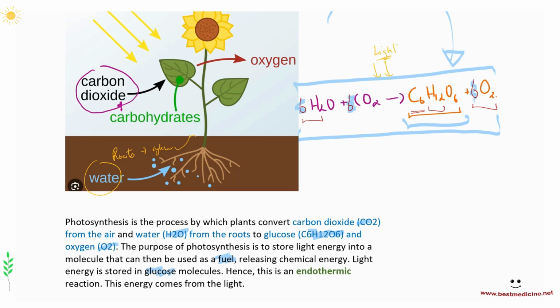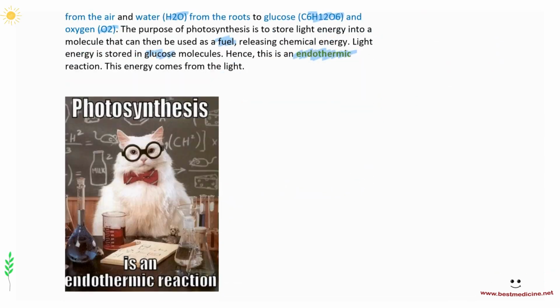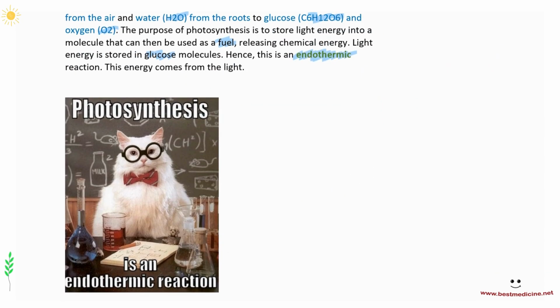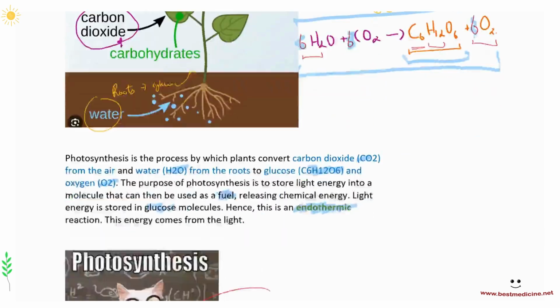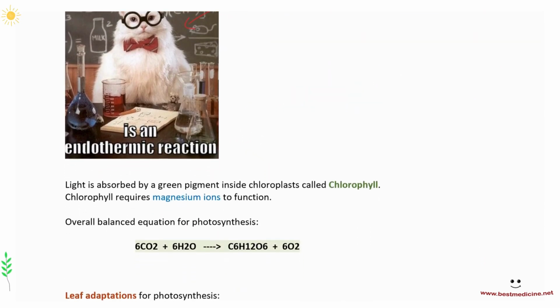What do you think? Of course, it is an endothermic reaction, right? Endothermic reaction because we're taking in the energy. So photosynthesis is an endothermic reaction. We have Mr. Chemistry Cat here trying to tell us this, because remember, exothermic and endothermic, we see these terms mostly in chemistry, but we're seeing it here in biology.